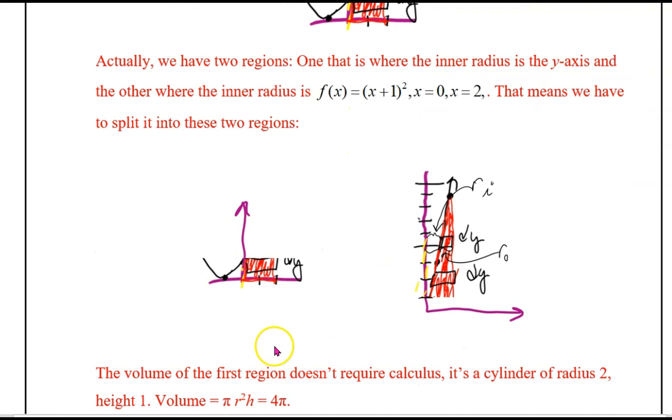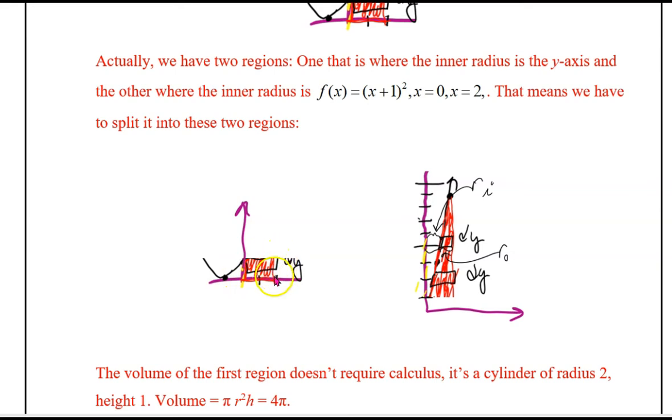To split it into the two regions, we need to take the region where it is touching the axis of revolution and compute that volume either using the definite integral with pi r squared, or, since it's just a rectangle, we can compute it using the volume of the circular cylinder. When you rotate this rectangle about the y-axis, it will become a circular cylinder of radius 2 because the length here is 2.